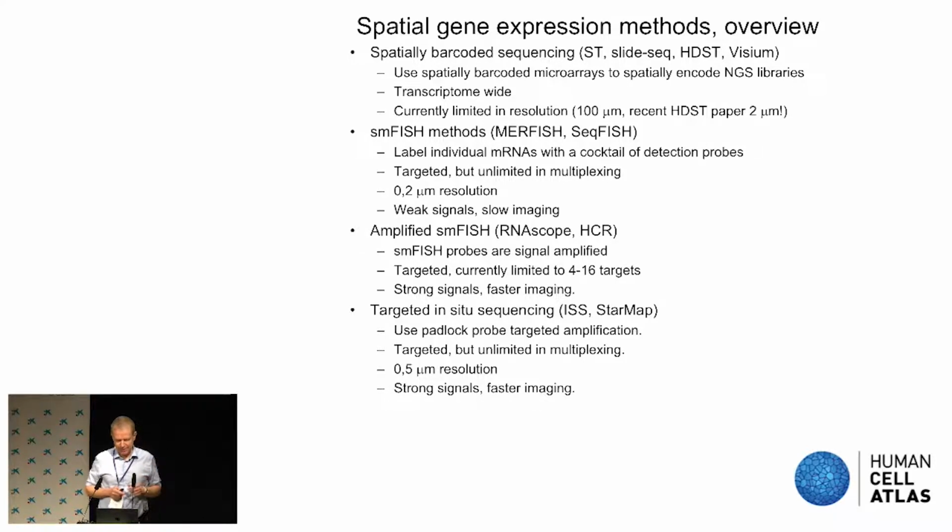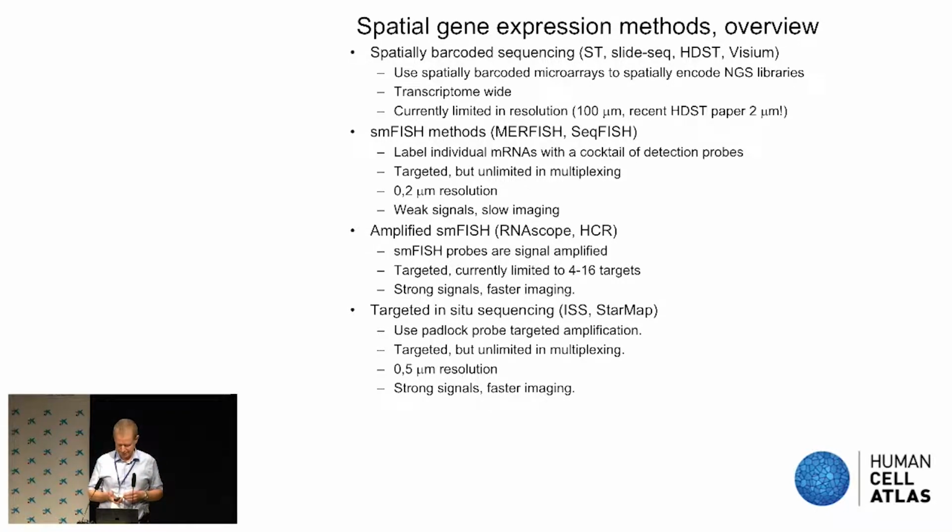And then there are the single molecule FISH based methods where you label individual mRNA molecules with cocktails of detection probes. It's a targeted approach, but in principle unlimited in multiplexing, because you do this cyclic fluorescence decoding of your fluorescence signals.